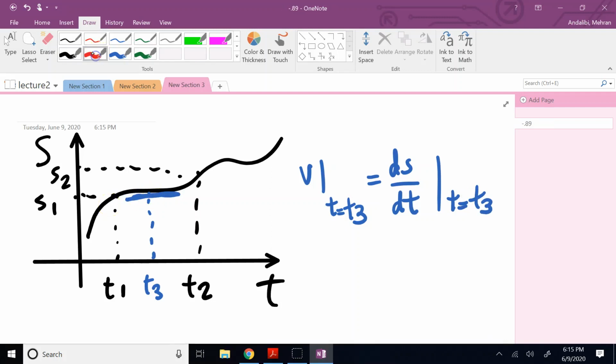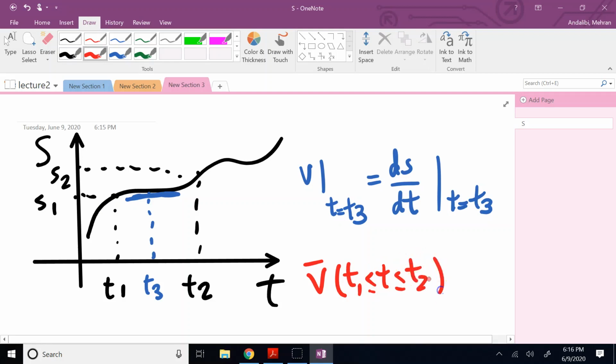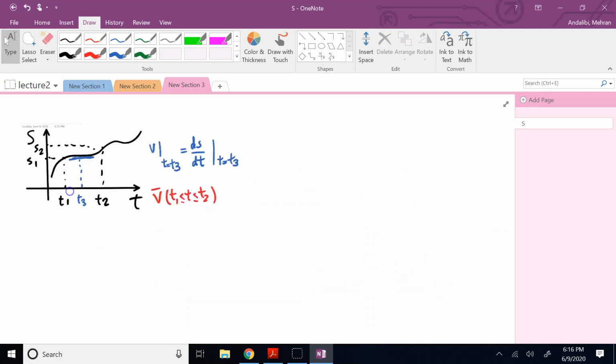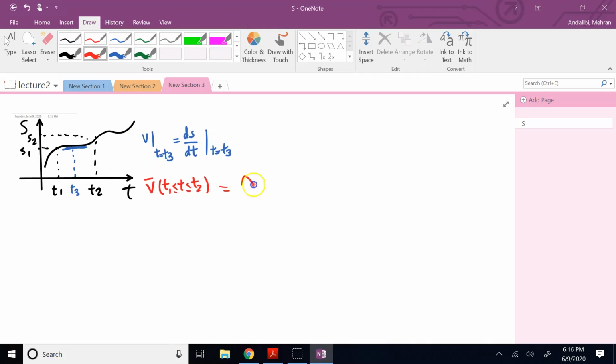But if I say what is the average velocity for t between t1 and t2, then it is what? It is delta s over delta t for this range, which is going to be s2 minus s1 divided by t2 minus t1, which, if you remember, that's the slope of a line that connects these 2 points together.